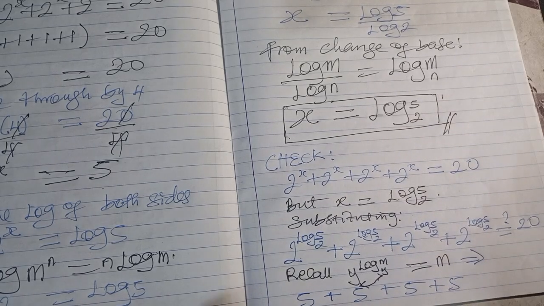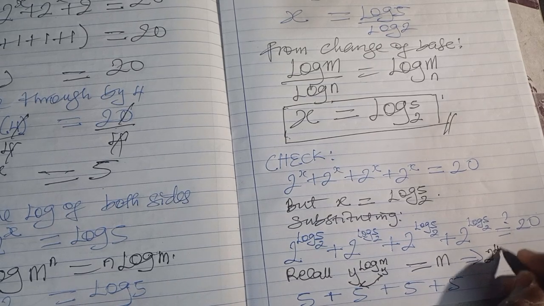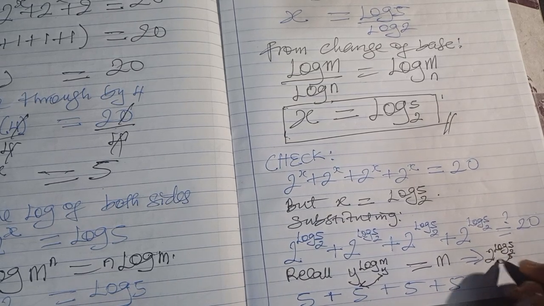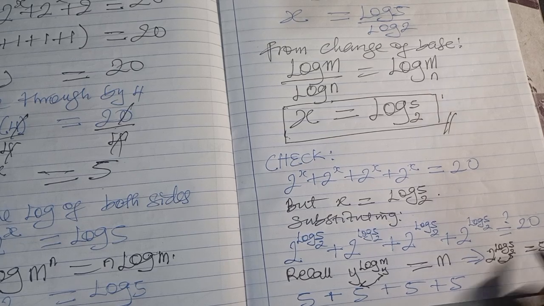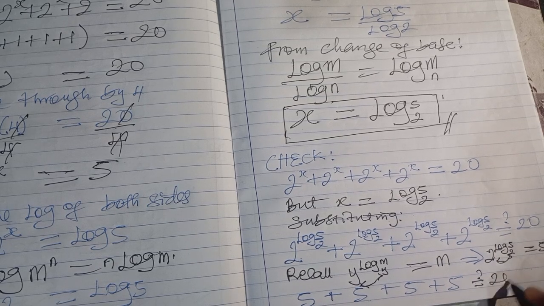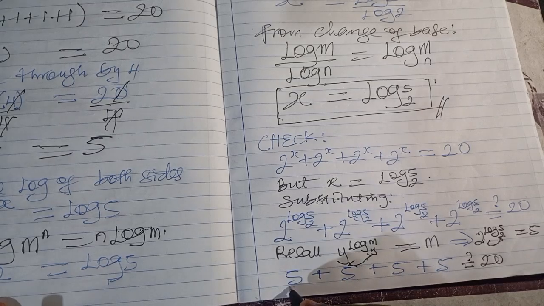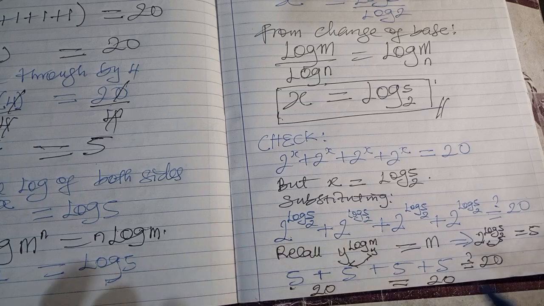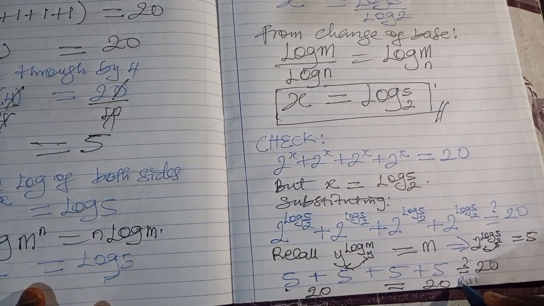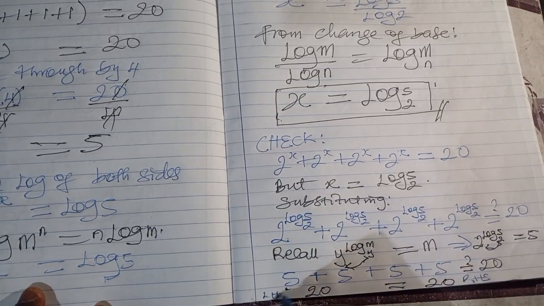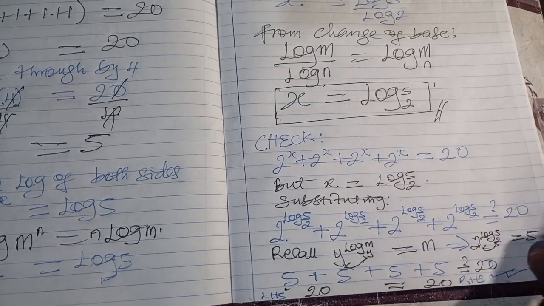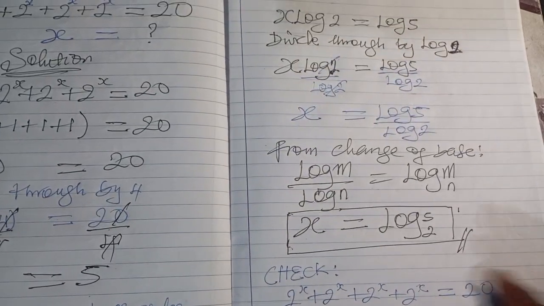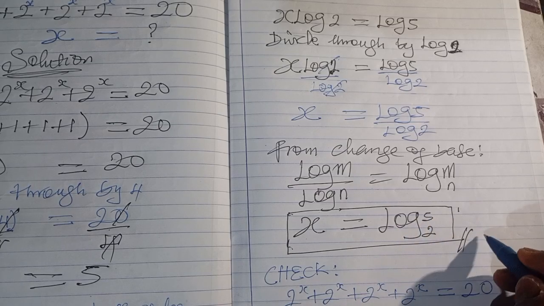Is it equal to 20? Yes. Therefore 20 equals 20, and this is our right hand side, while this is our left hand side. This is correct. Hence the value of x is equal to log 5 base 2.